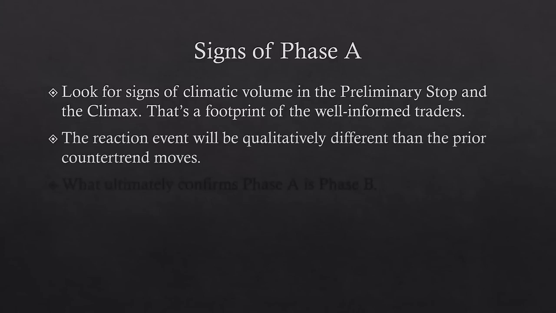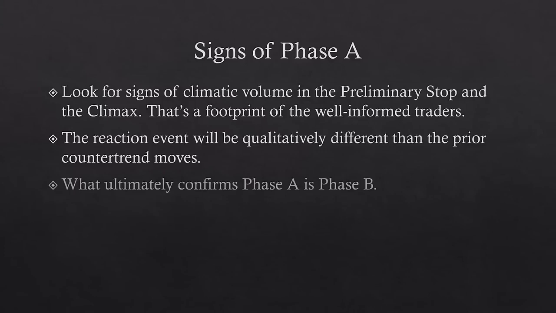The reaction will provide further confirmation about the subtle signs of counter-trend volume found in the preliminary stop and climax. The reaction move tends to look qualitatively different than the previous counter-trend moves. Number 3. What ultimately confirms phase A is phase B. So the trader must wait for the development of phase B before looking for trade opportunities, even when the first 4 logical events appear to provide clear trade setups.